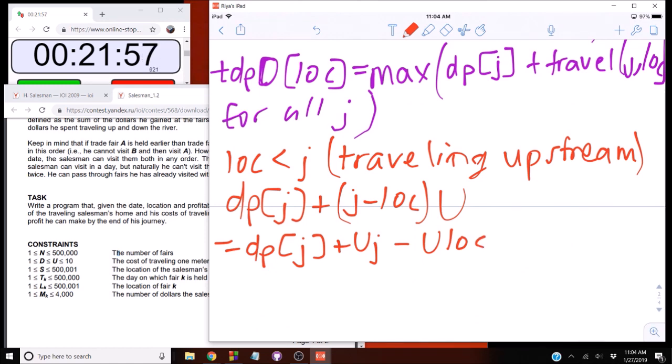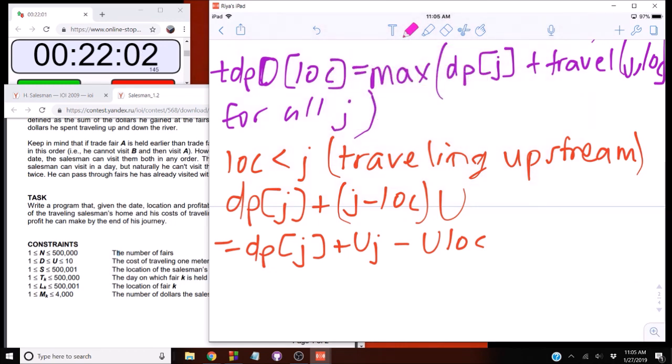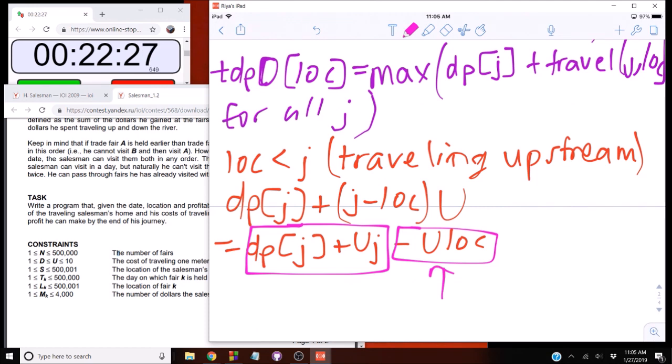So this is actually very good because this value for j stays constant no matter what lock is. So this can be put in a segment tree. And this part can be simply calculated using the value of location, or I can put a negative with it. This part is constant for the value of lock.